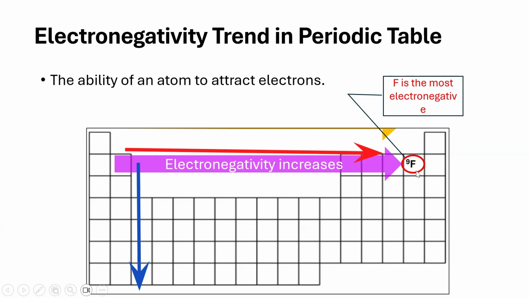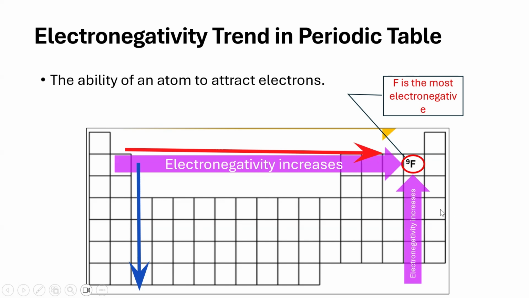Fluorine is the smallest atom in the first period. And going up from bottom to top, the electronegativity increases too, because in that direction the radius decreases. Down from top to bottom, the radius increases, so from bottom to top, the radius decreases.